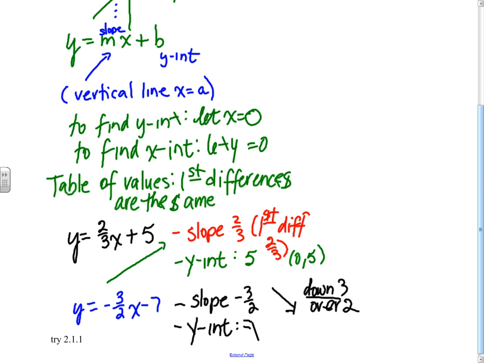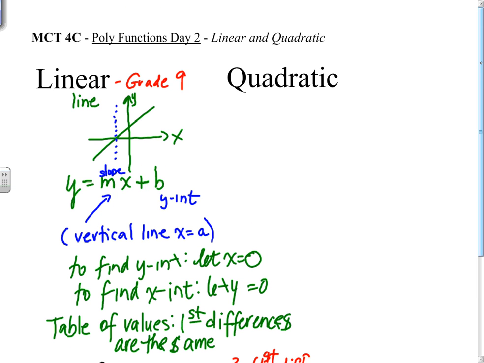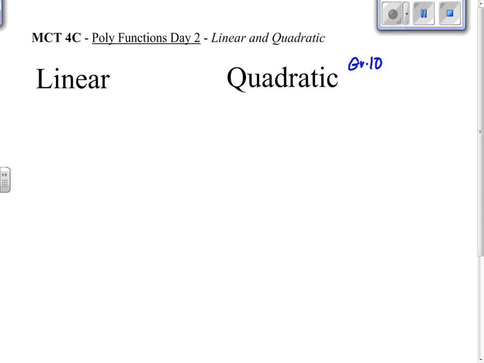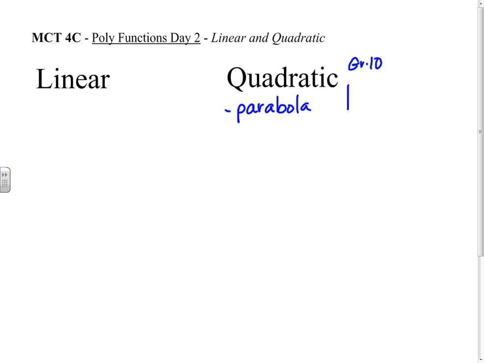Let's look then at quadratics, which were grade 10. We know that a quadratic would graph as a parabola. Could be shaped like this. We know that the equation of a quadratic has an x squared in it plus bx plus c, where the c is the y-intercept.